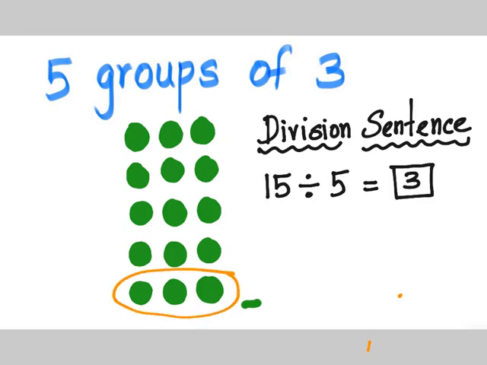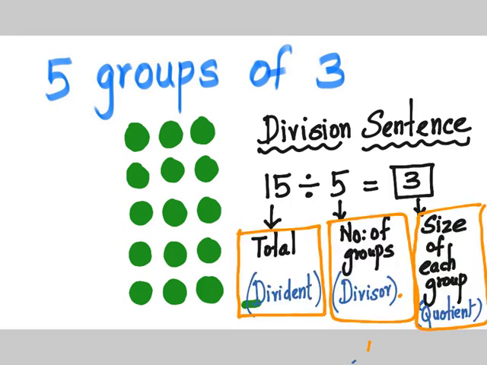So if you see this group, the size of this group is 3. Let me write it down for you. The division sentence is 15 divided by 5 equals 3, where 15 is the total or the dividend, 5 is the number of groups or the divisor, and 3 is the size of the group or quotient.